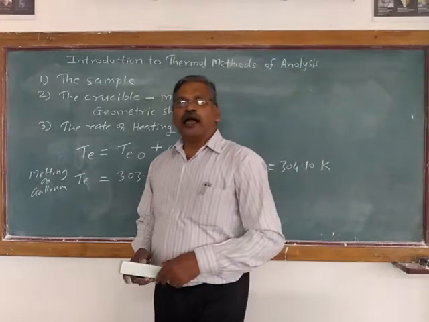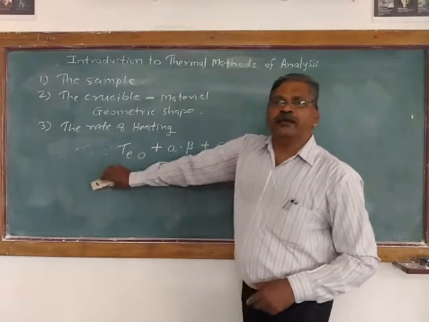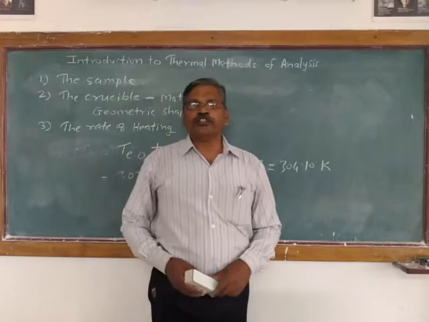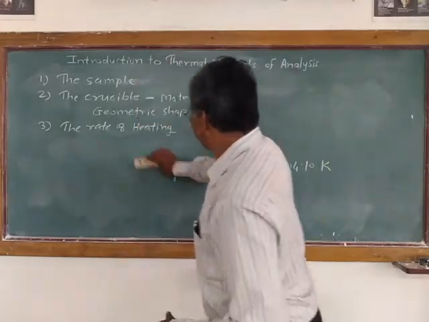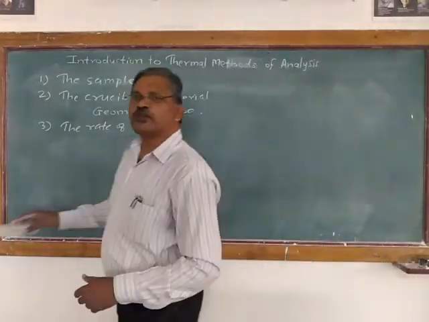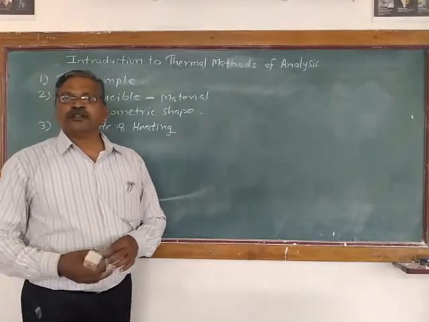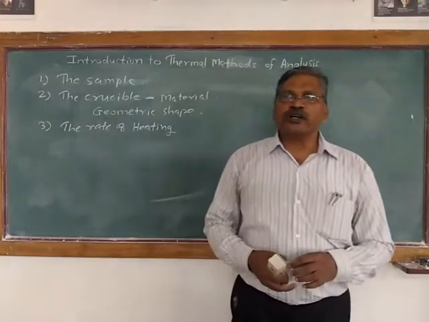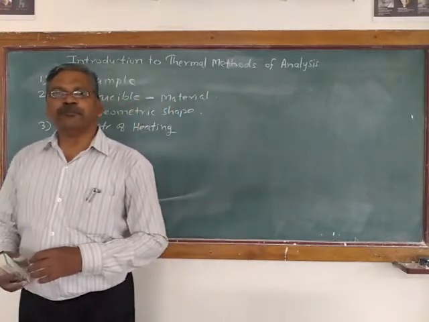In order to approach equilibrium conditions more closely, we should use a very small heating rate. Most of the time the heating rate should be kept low enough so that all the equilibrium conditions can be achieved while performing the experiment, preferably less than 1 Kelvin per minute.